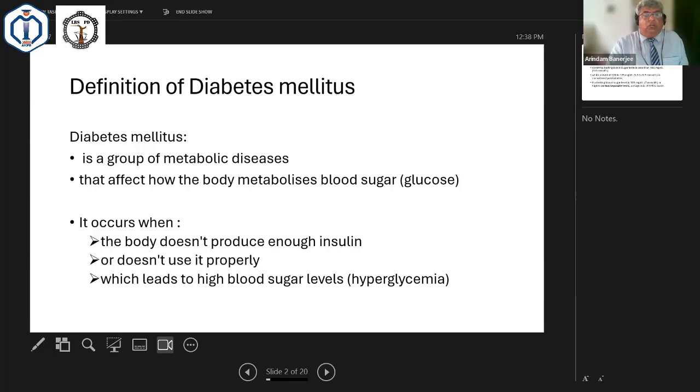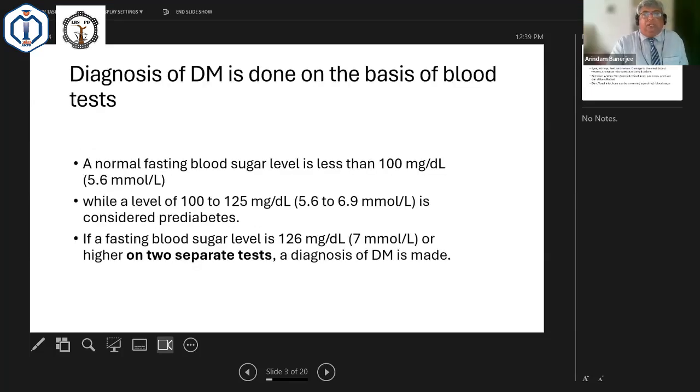It can occur when the body doesn't produce enough insulin, or it doesn't use it properly, and it is generally diagnosed when we find that the blood sugar levels are high, by which we mean hyperglycemia. Now, the diagnosis of diabetes mellitus is usually done on the basis of blood tests. Nowadays, it's not that common to present de novo with symptoms.